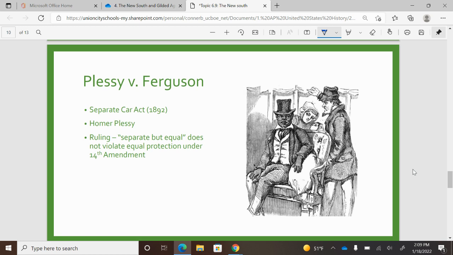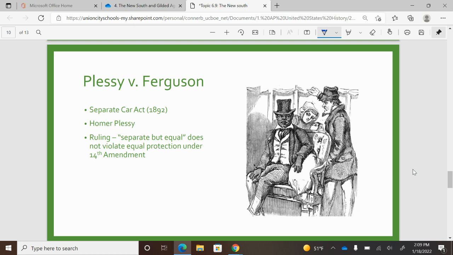This all gets kicking off in 1892 when Louisiana passes a Separate Car Act, which legally segregates passenger rail cars. So you've got rail cars strictly for whites and strictly for blacks. A civil rights group in Louisiana decides that they want to challenge this law and check the legality of it.